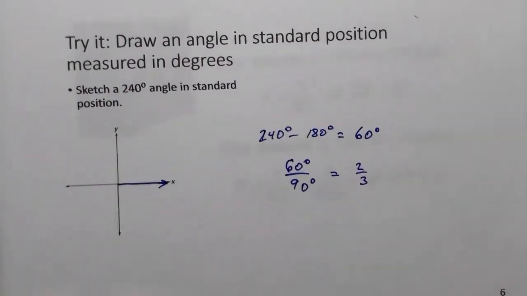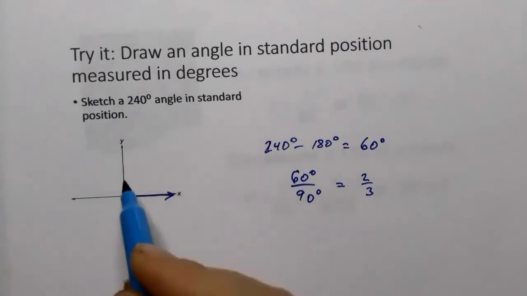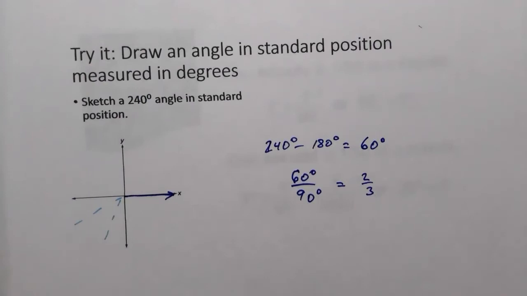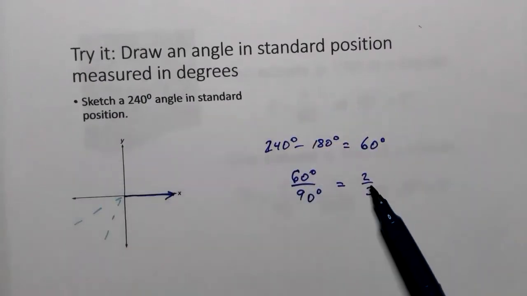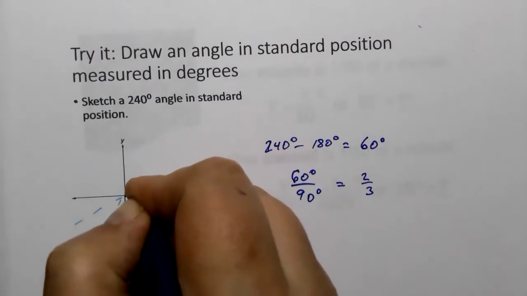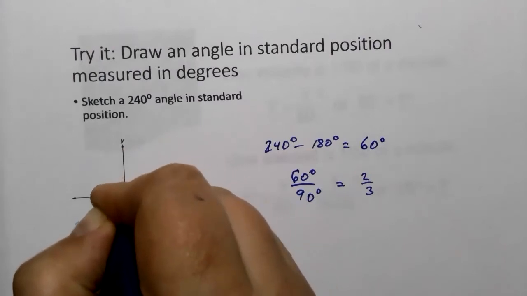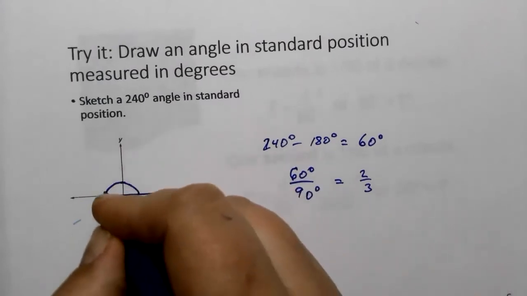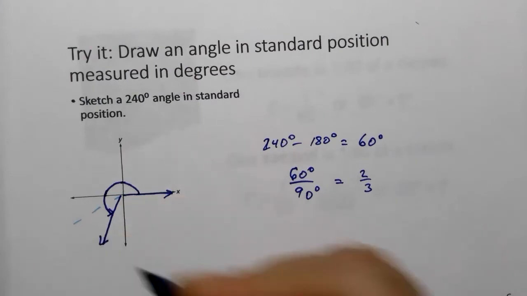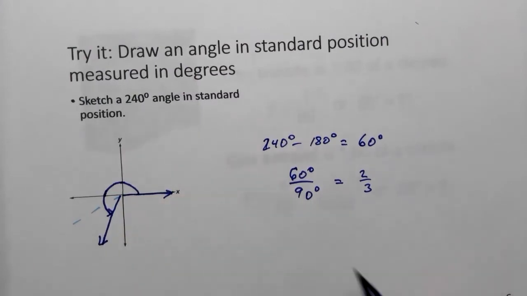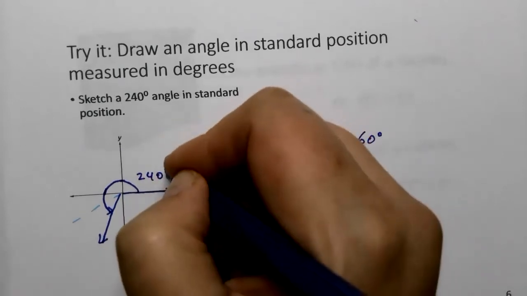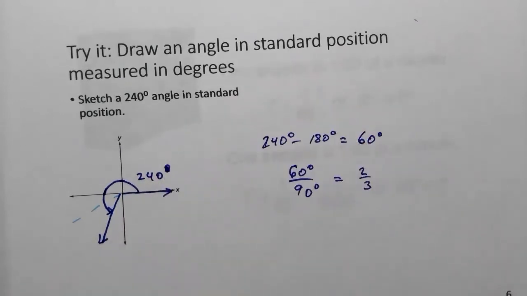We divide this angle mentally into 3 equal portions. And since it's 2/3, we're going to start opening. This is 90, this is 180, and then we have to make another 60. So we're going to end up right here. Okay, so this is our 240 degrees.